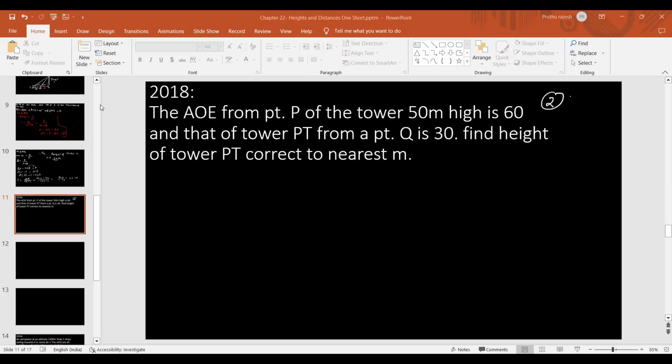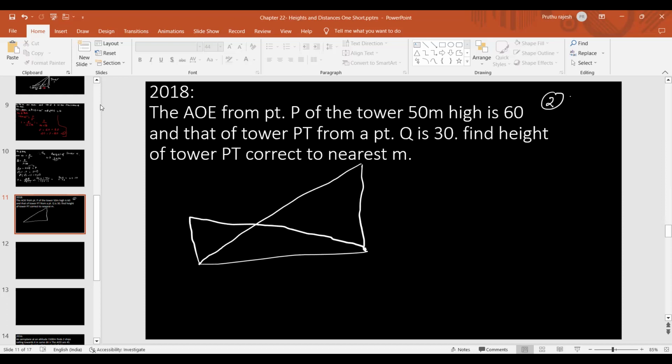There are two towers, as we can extract from the question. One tower like this, and one smaller tower here. This is the bigger tower, and this is the smaller tower.